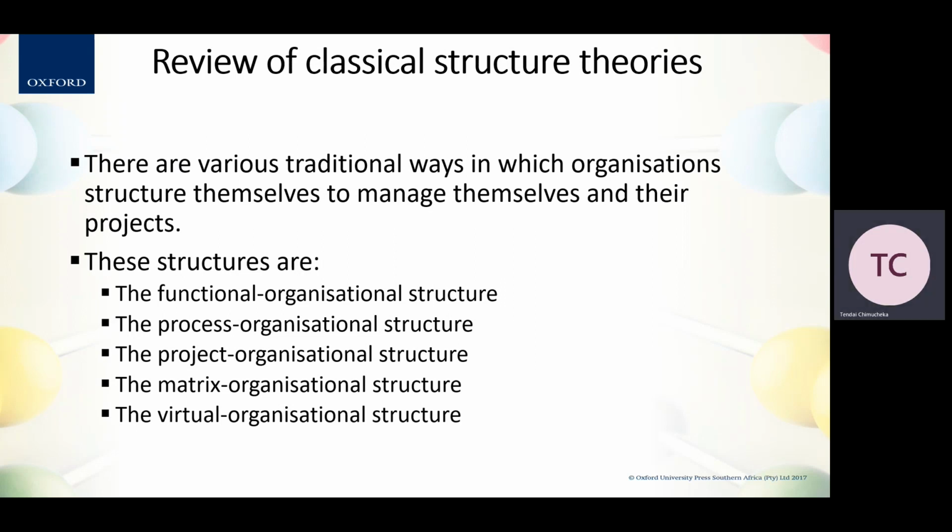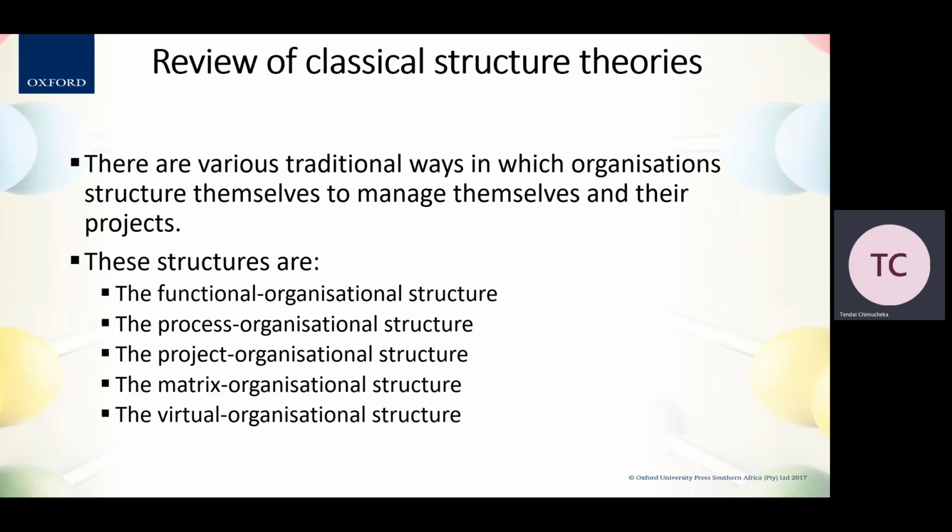There are various traditional ways in which organizations structure themselves to manage themselves and their projects. We have the functional organizational structure, structured depending on the functions you find in the organization. Then there are process organizational structures, which are structured following the processes undertaken in the organization. Then there is the project organizational structure.